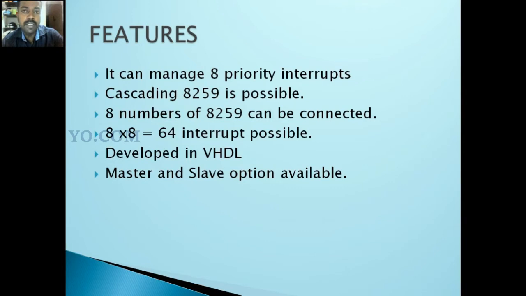Every device has its own routine, that is a program. After the interrupt request, the particular program is executed by the microprocessor. That is called the service routine. If any peripheral device requests an interrupt, the microprocessor executes its service routine. That is one small program. After the completion of this routine, the microprocessor returns to its main program.